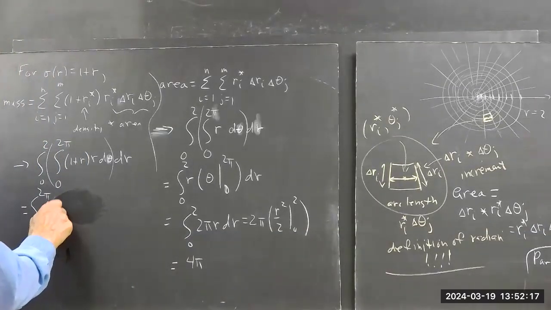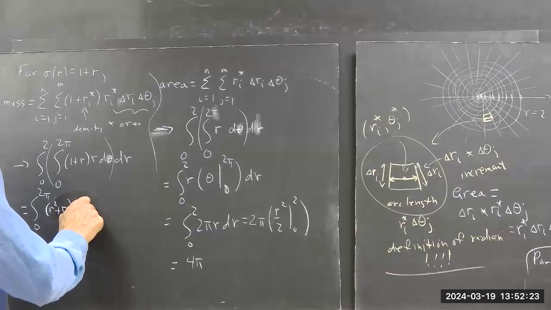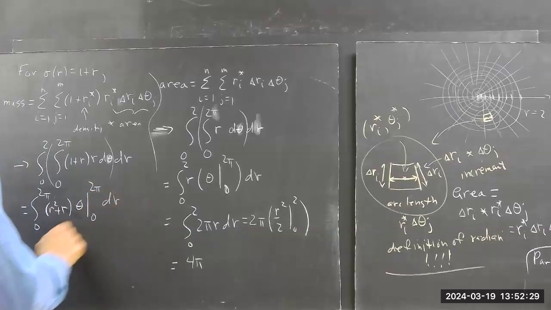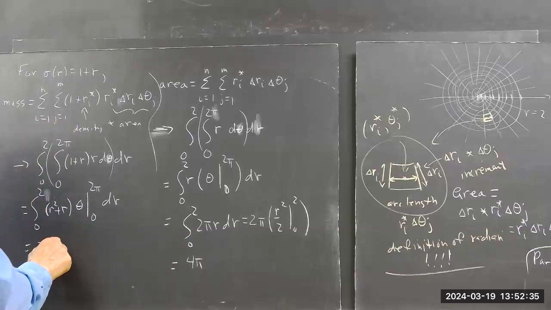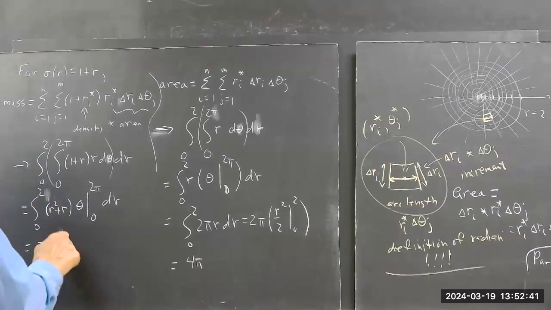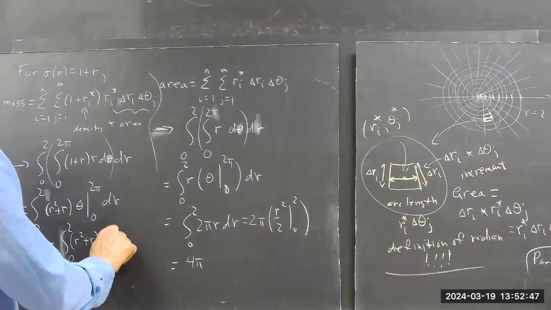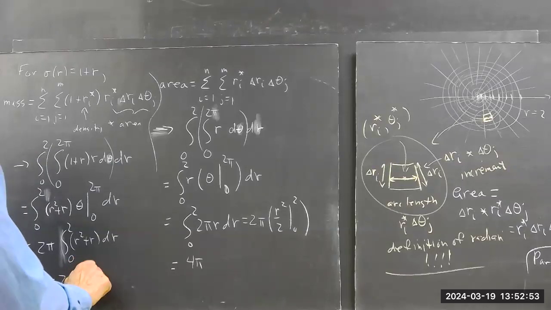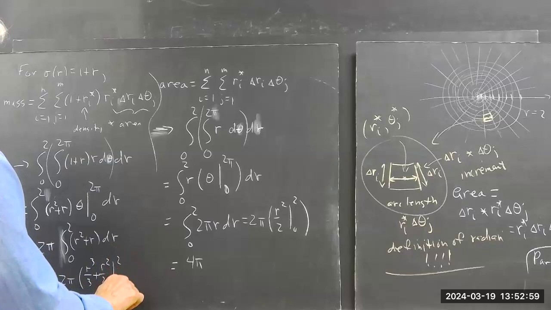So I'm going to call that r squared plus r times theta, again, between 0 and 2 pi, dr. That's going to give us a 2 pi here, and then it's times the integral from 0 to 2 of r squared plus r dr, which is 2 pi times r cubed over 3 plus r squared over 2 between 2 and 0.